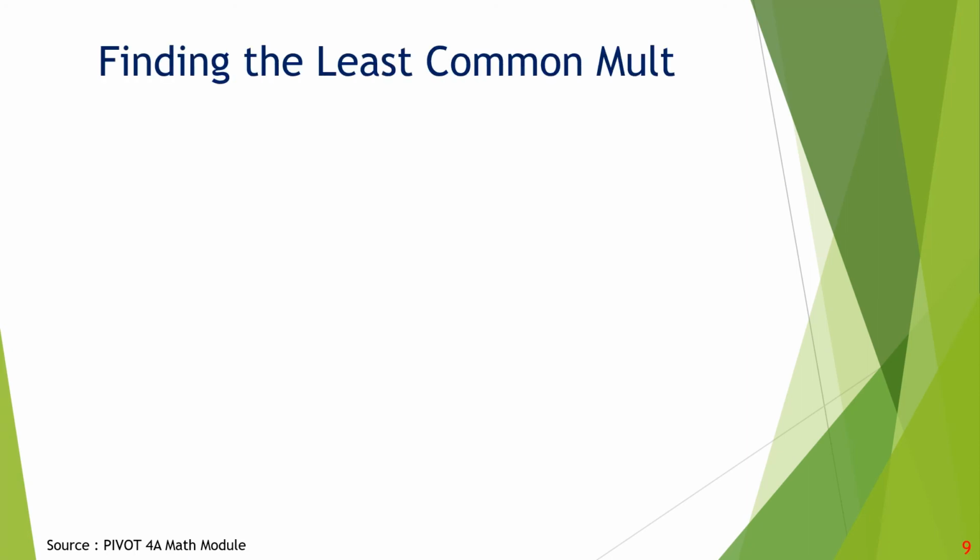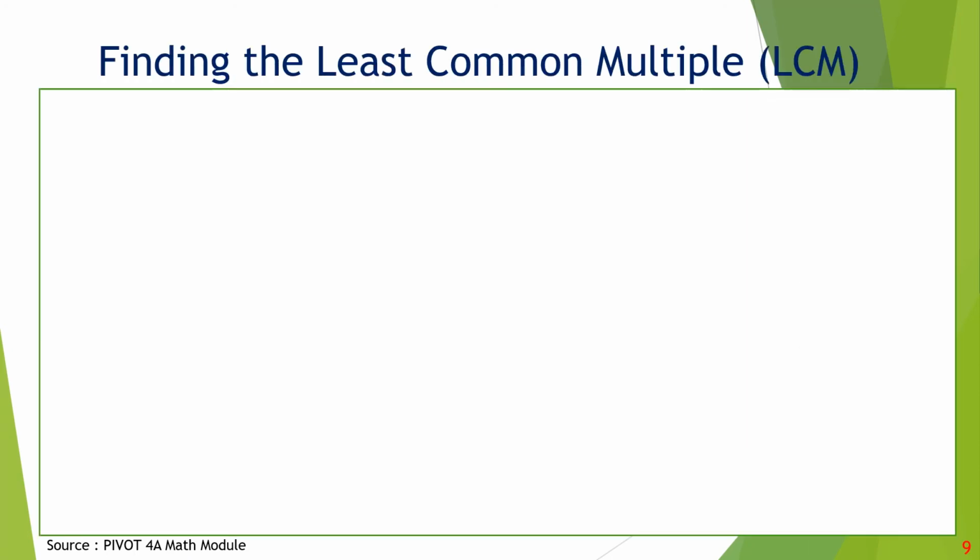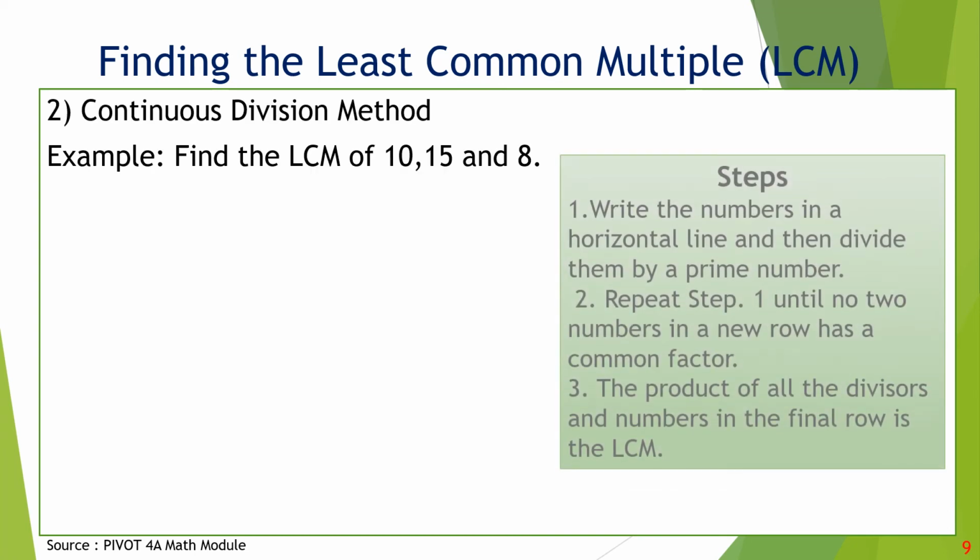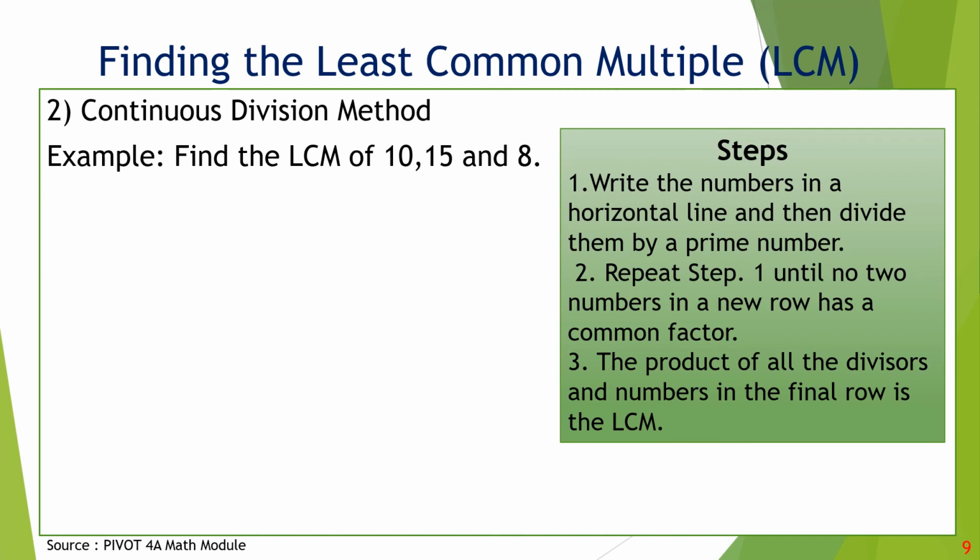Another example in finding LCM using continuous division method. So, example, find the LCM of 10, 15, and 8. Okay, using the same steps, so we're going to write the numbers in a horizontal line and then divide them by a prime number.